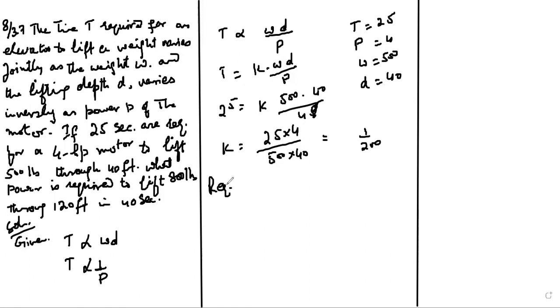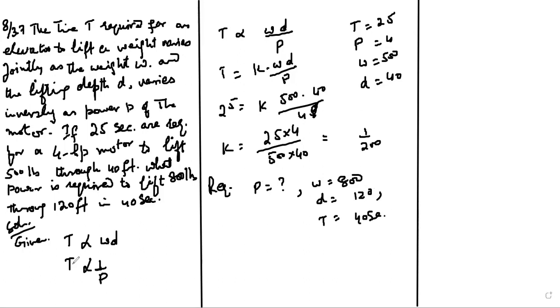Required, we have to find P's value for W equal to 800, D equals 120 feet, and time is 40 seconds.